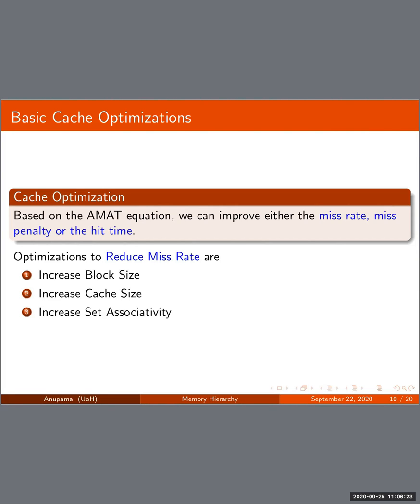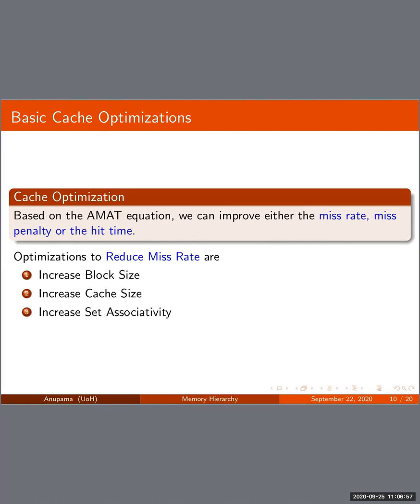But block size and set associativity actually have the effect that as you increase the size or the associativity, the miss rate reduces and then starts increasing.